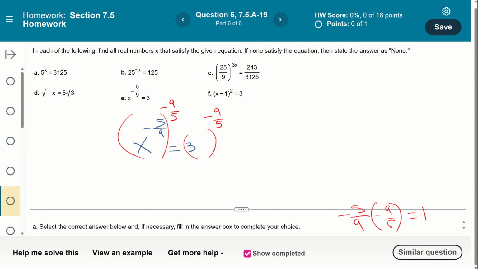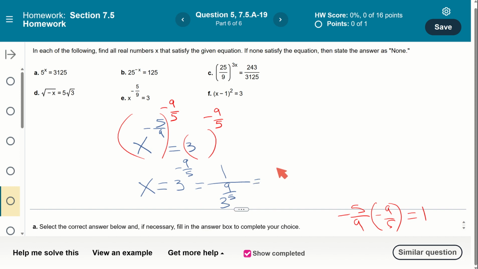Okay? So now, on the left side, we just get what? We get x, right? On the right side, we get 3 to the power of negative 9 over 5. So this is going to be 1 over 3 to the power of 9 over 5, because we want to get a positive exponent.